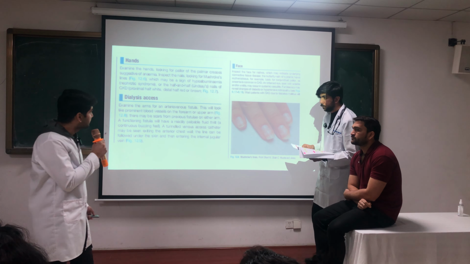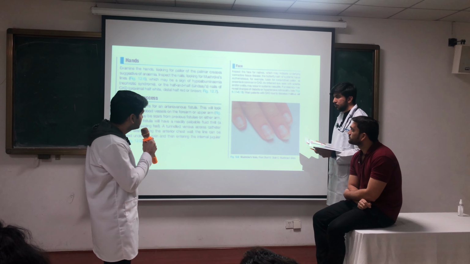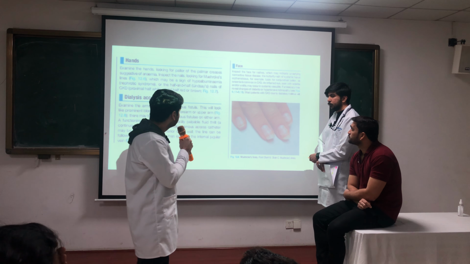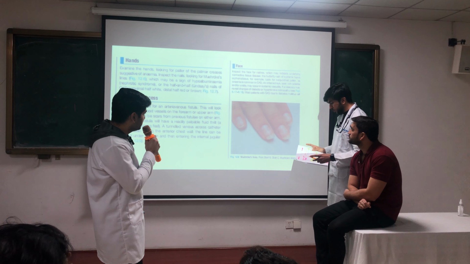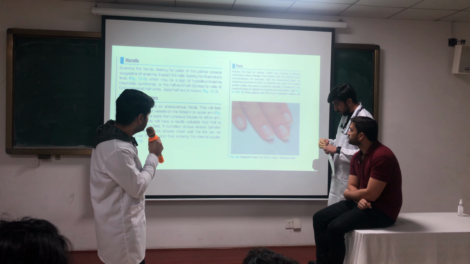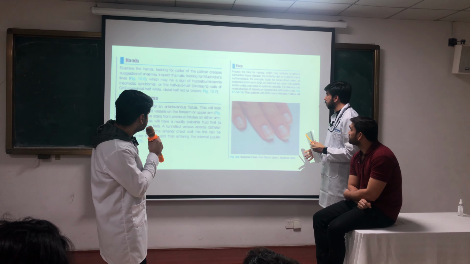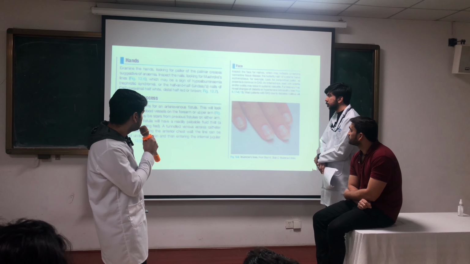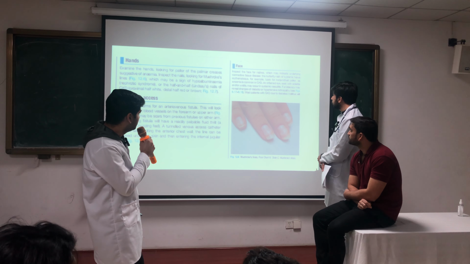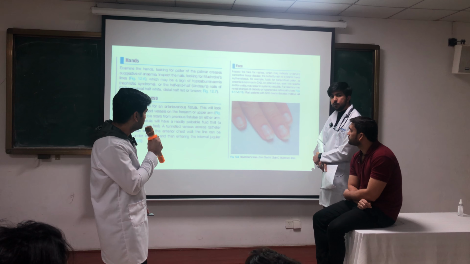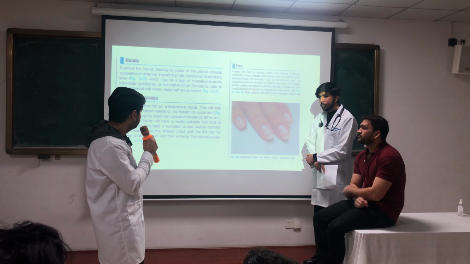Face: inspect the face for rashes which may indicate underlying connective tissue disease, the butterfly rash of systemic lupus erythematosus, for example. Look for conjunctival pallor, as anemia is common in CKD.